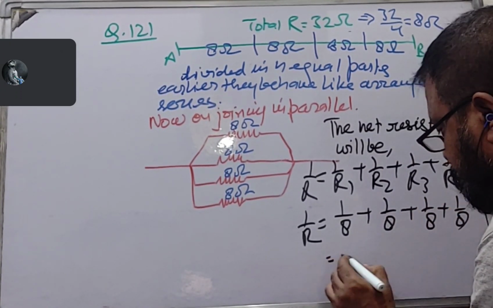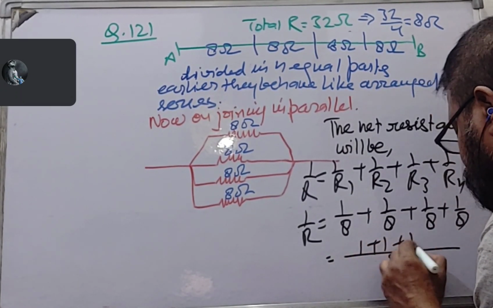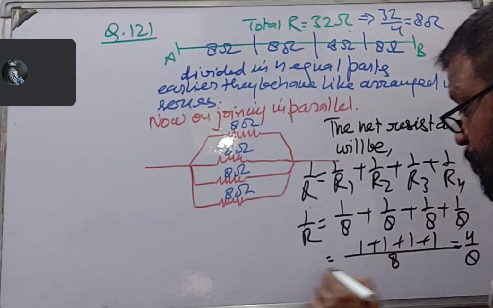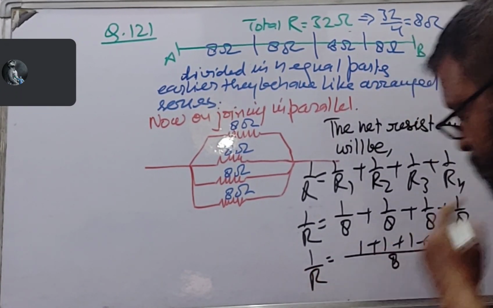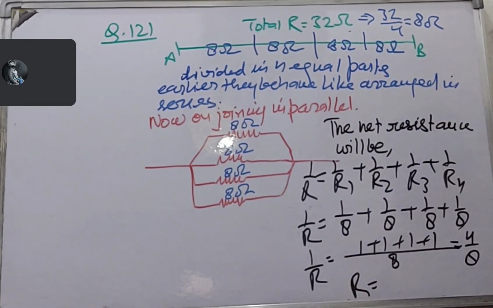So 8 we have taken as a common, and 1 plus 1 plus 1 plus 1. So it becomes 4 upon 8.